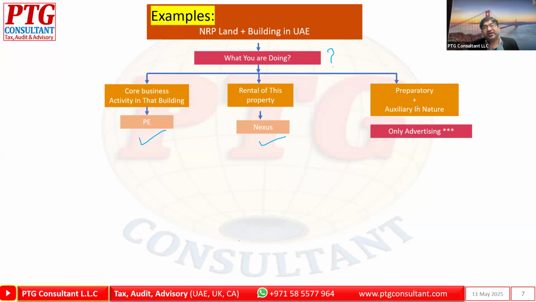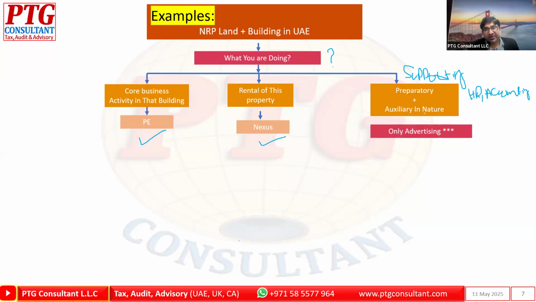Then next is preparatory and auxiliary in nature. This is a supporting role. What is the supporting role? If the activity we are doing is like HR or the accounting department, for example a non-resident UK company opening an accounts department in UAE, this is a supporting role.